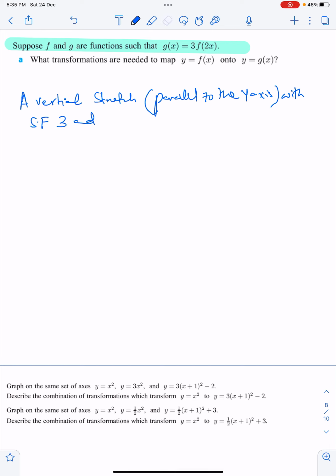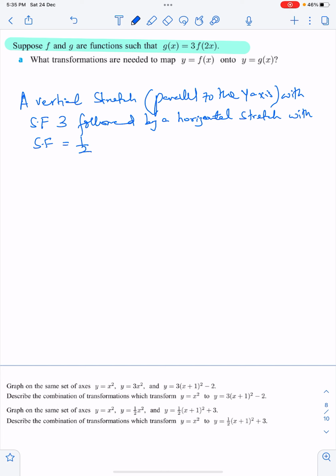and followed by a horizontal stretch with stretch factor 1 upon 2.